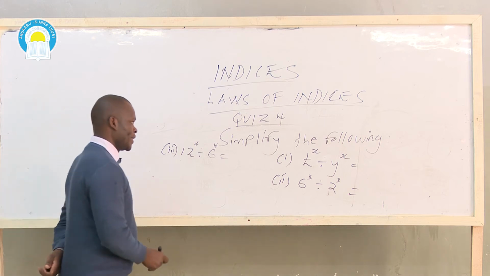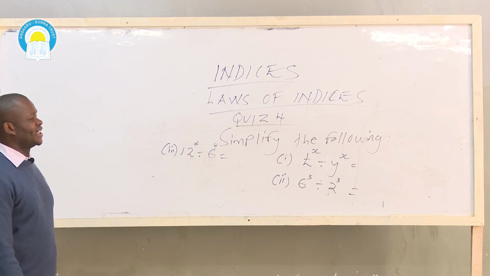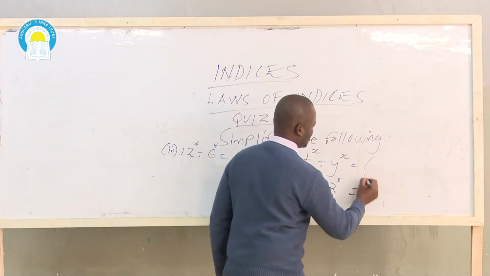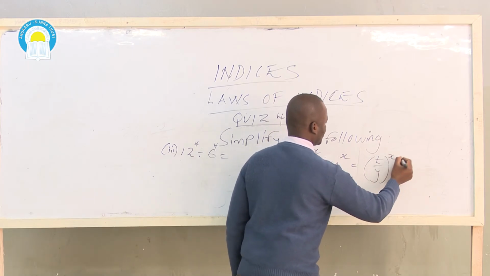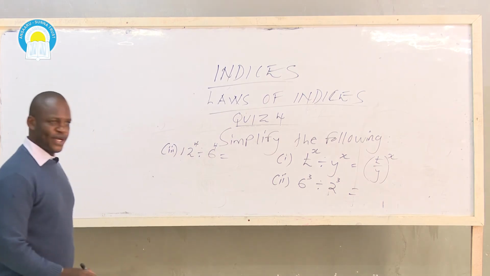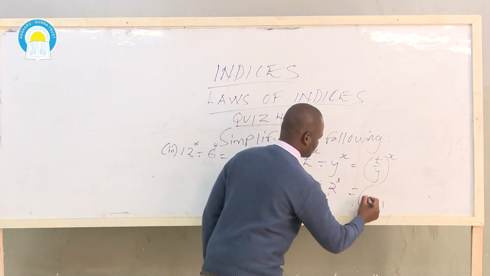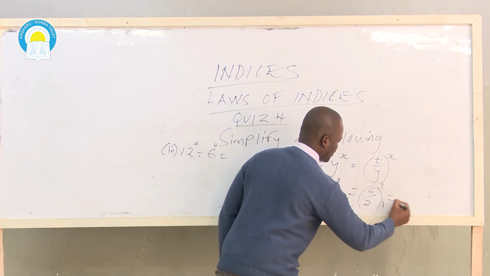So for the first question, t power x divided by y power x, what shall we get? We shall get t over y to the power of x. The second, what shall we get? 6 over 2 power 3.